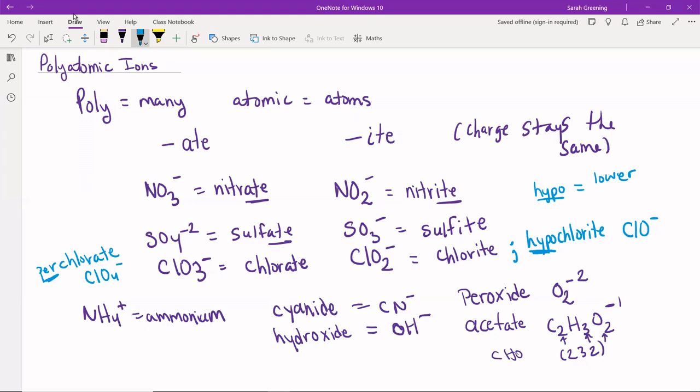Anyway, that's a brief introduction to polyatomic ions. There are many more to learn. Perhaps I'll make a second video to go over some of the other ones, but typically if you look at the ates versus the ites and you know that the ates, quote unquote, have more oxygens, that will help you remember the polyatomic ions. And the key with that is that with the ate versus the ite, the charge stays the same. It's just the number of oxygens that's going to change.